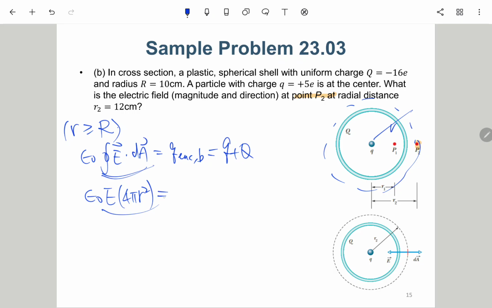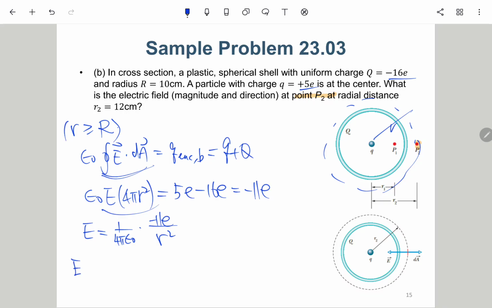So it is actually 5e minus 16e, according to this one and this one, which is negative 11e. So E will be 1 over 4 pi epsilon naught times negative 11e over R squared.